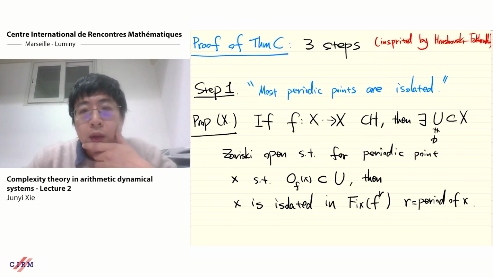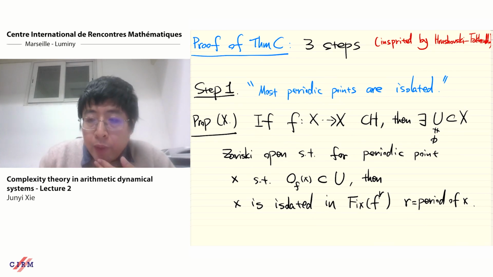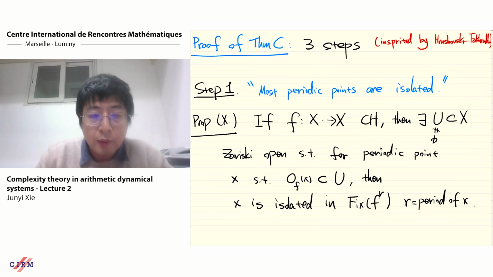Okay. So now we give a sketch of the proof of this theorem C. Our proof is divided into 3 steps. This proof is in fact strongly inspired by the argument of Hrushovski and Fakhruddin for amplified endomorphisms of projective varieties.